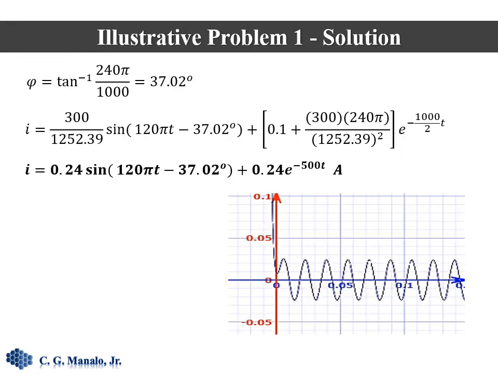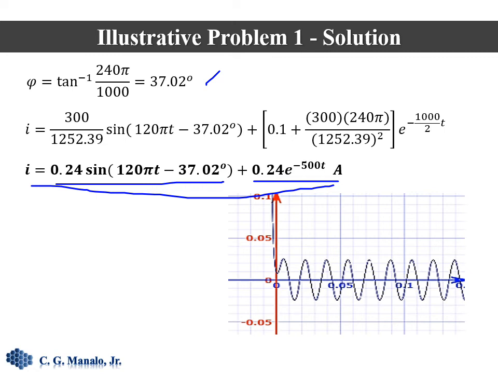We could also proceed to compute for the angle phi, and with the data already complete, we can now plug in all these values and get the complete response. So the first term is the steady state response. This one is the transient response.